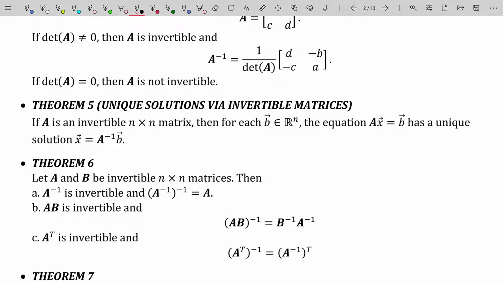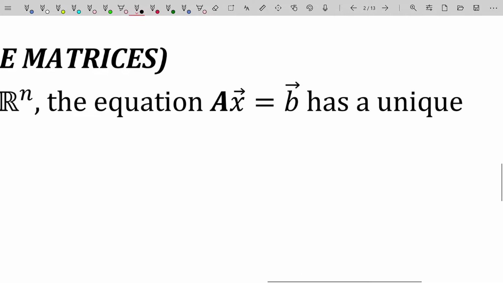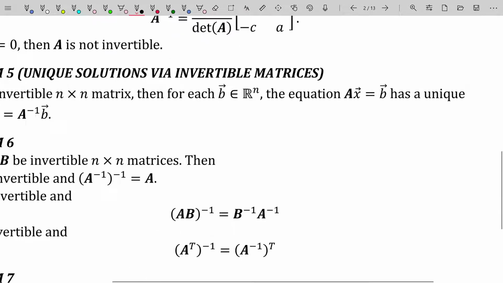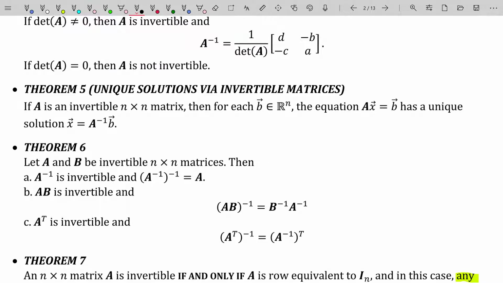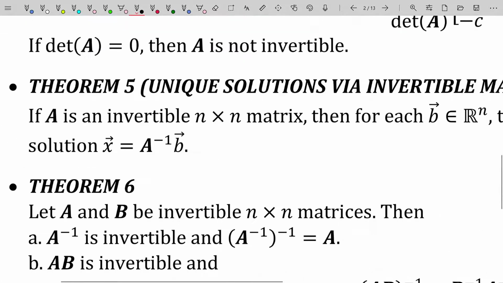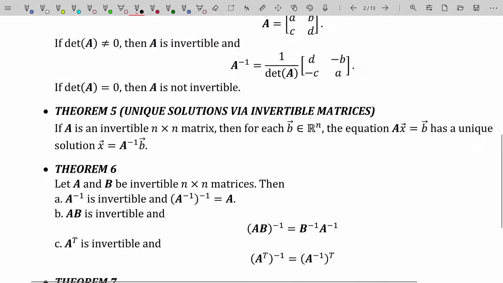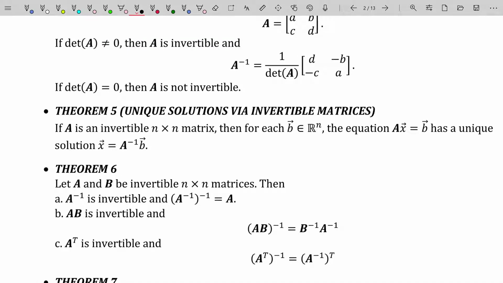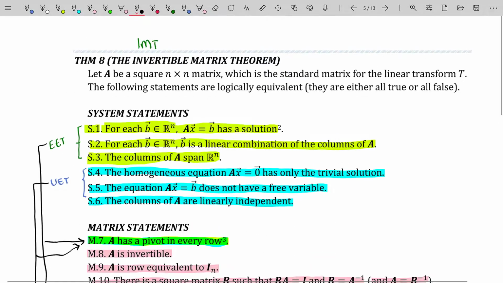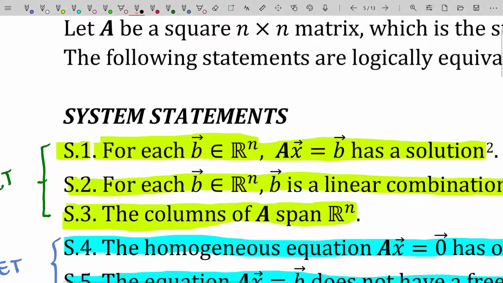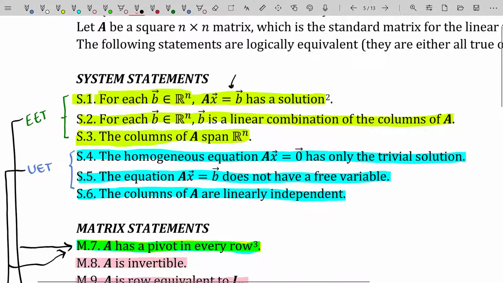If I told you our matrix was square, and I said the equation Ax equals b has a unique solution, I don't really care what the form of that solution is. All I care about is that the solution is unique. Then I know my matrix does not have any free variables. That means it has a pivot in every column. So again, if the solution is unique, then it has a pivot in every column.